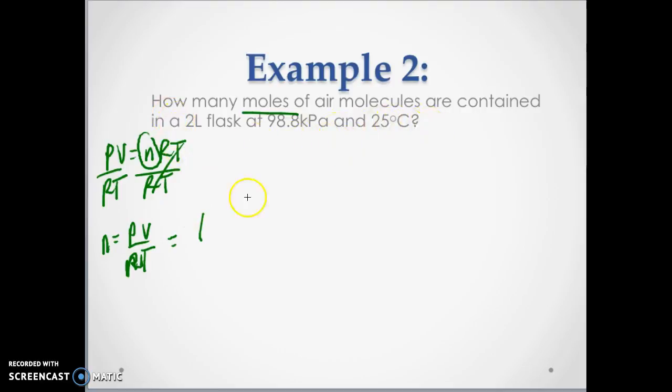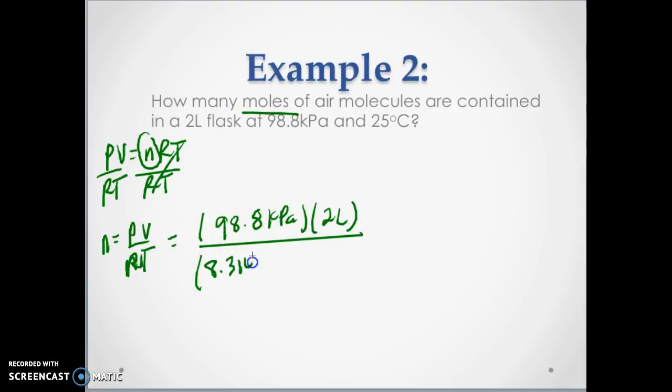P is 98.8 kilopascals. The volume is 2 liters. Our R value is 8.314 liters times kilopascals divided by Kelvin mole. And then the T is 25 plus 273, which is 298.